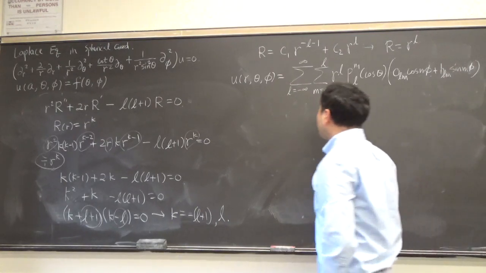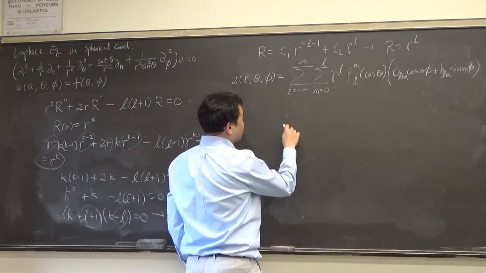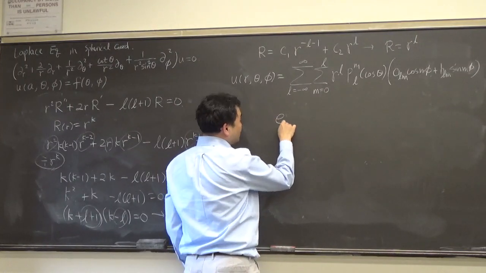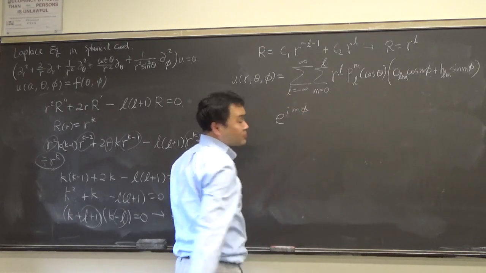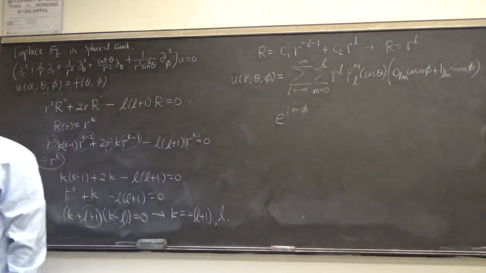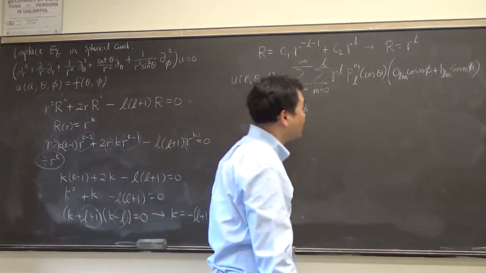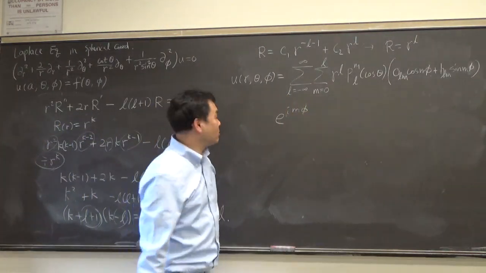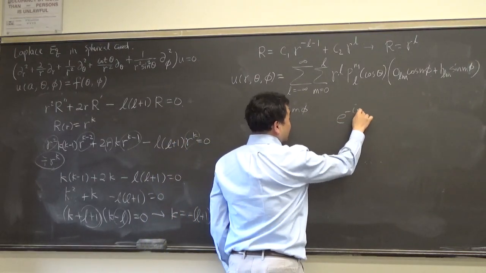So instead of cosine m phi or sine m phi, people use e to the i m phi. They use this instead. You know, there's e to the i m phi and e to the negative i m phi, right?